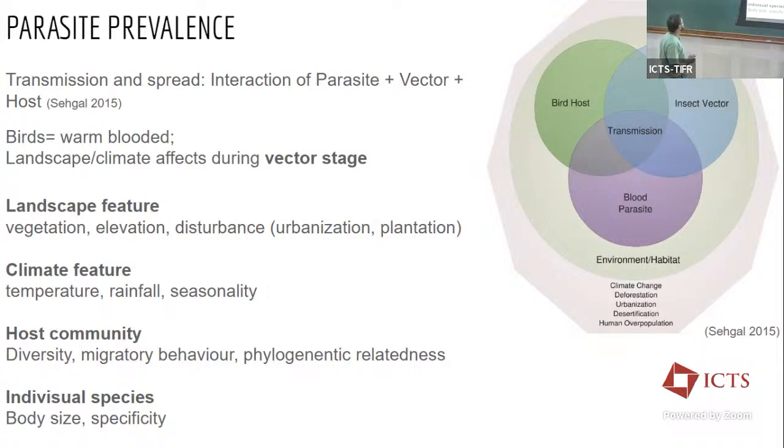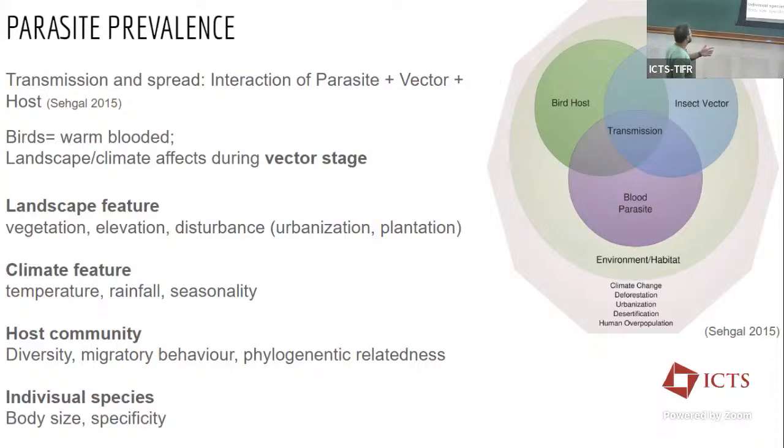It looks at the landscape features that commonly occur, that people have tested, and that are known to show correlation with parasite prevalence. So the vegetation, elevation, as we already know, has a direct impact. Then there is disturbance in terms of urbanization or plantation. You may still have greenery, but it may not be forest, it's just monoculture plantation. That may impact very differently. Then there are climate features like temperature, rainfall, seasonality. Seasonality will directly affect the vector competence to develop that parasite inside its body.